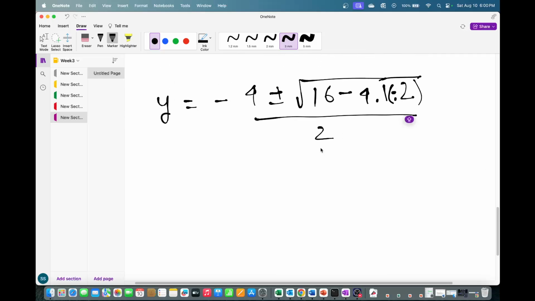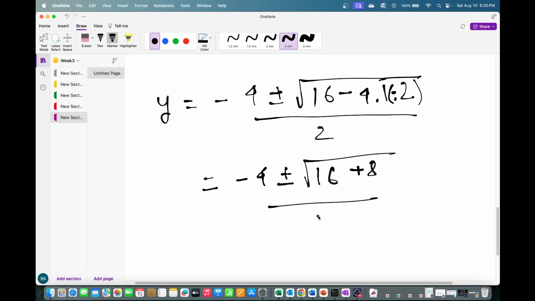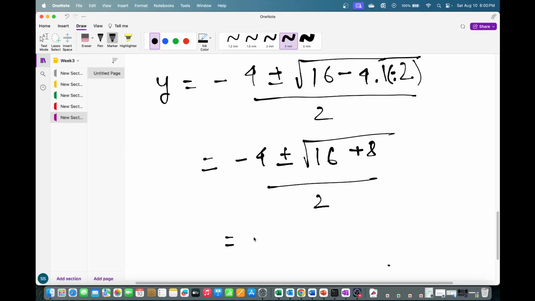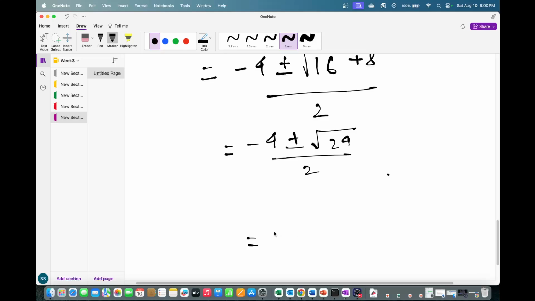This is minus 2 actually, I did wrong here. So it is minus 4 plus minus root over 16 plus 8. Not 16 minus 8, 16 plus 8 by 2. Right, so minus 4 plus minus root 24 by 2. Now you take 4 out, so minus 2 plus minus root 6.